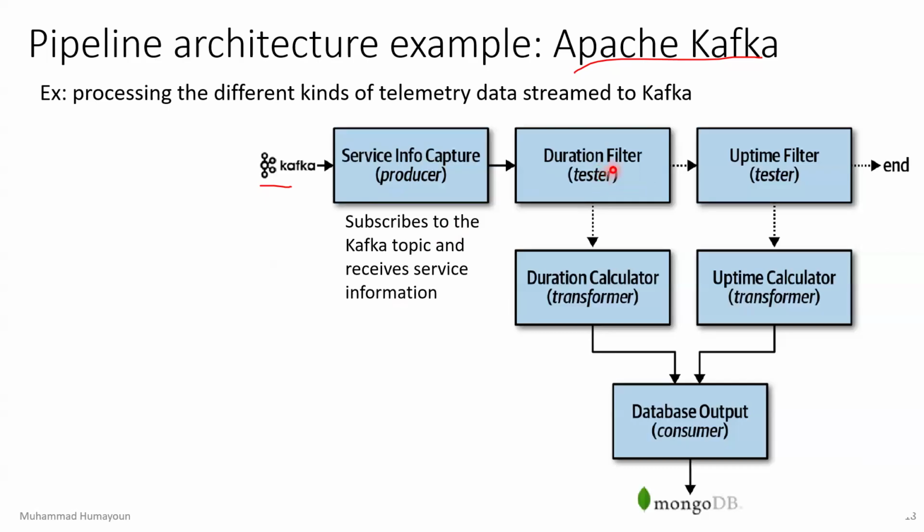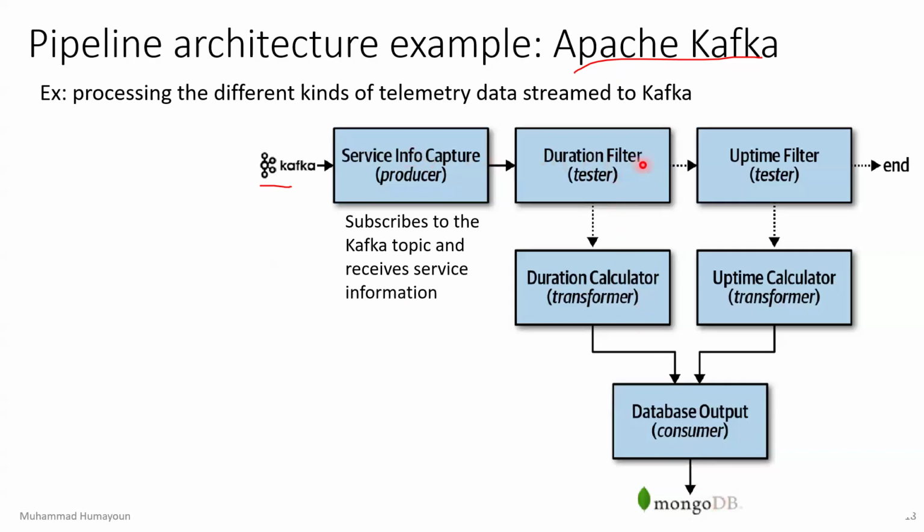It applies some kind of test on it, and some values go to this duration calculator. That is a transformer. It looks at how much duration these videos have. And then maybe you put something in a database output format to MongoDB.